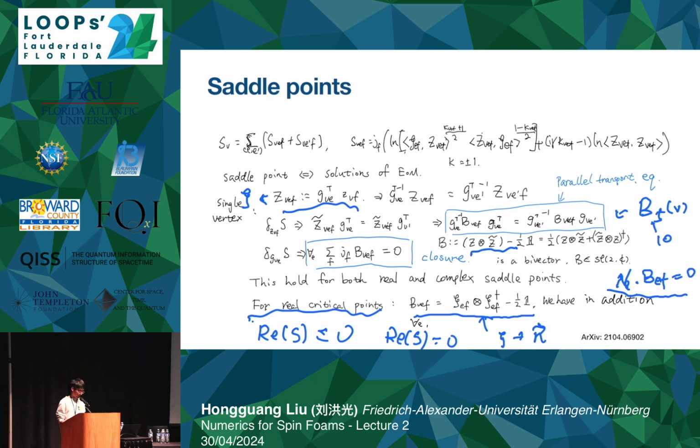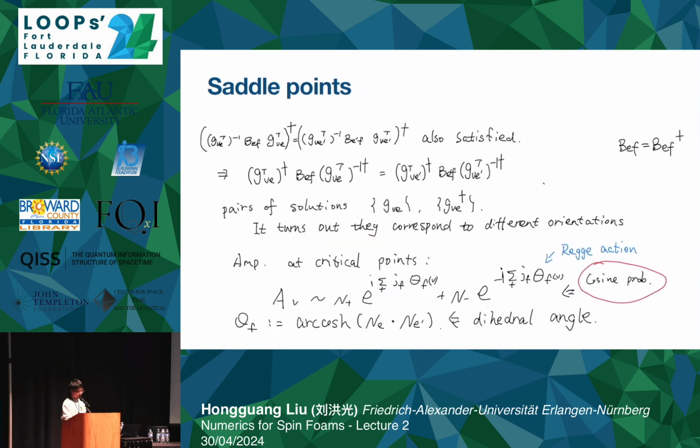So this is the signature of the weak imposition of the simplicity constraint, because we have it at the classical level, but we don't have it for the complex critical point, which is a quantum thing, not a classical thing. Because all these complex critical points will not dominate the path integral. The path integral is dominated by the real critical point at this level, which is the classical thing.